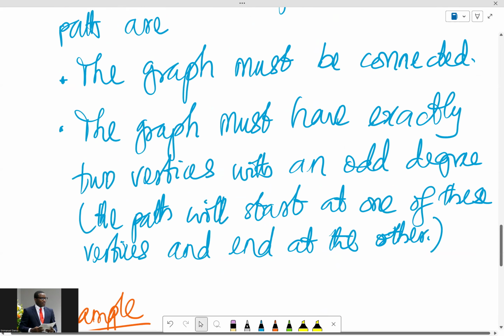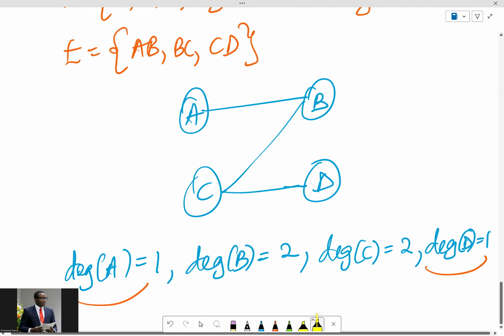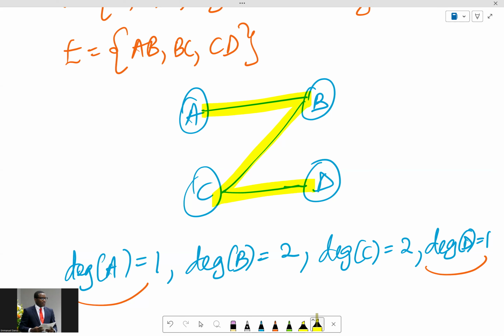So first of all, of course, the graph is connected in the sense that you can move from A to B to C and then to D. Then you can also trace it back. You can also move from D to C. So you can reach every point from every point, whether directly or indirectly.